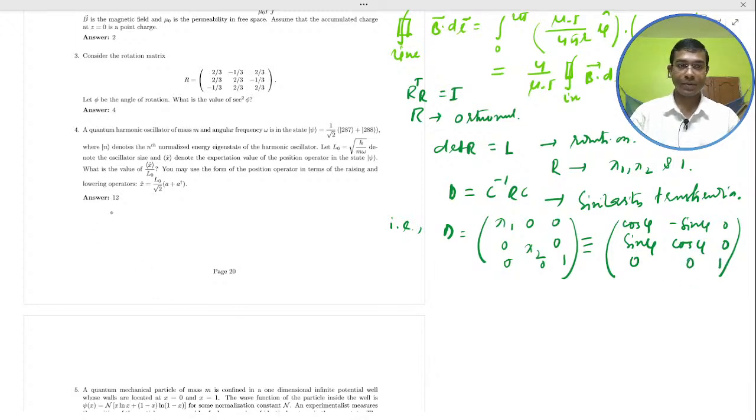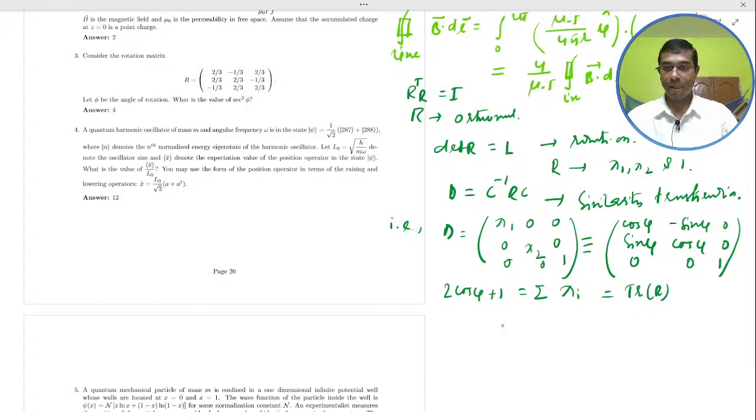Thus twice cos phi plus 1, which is the sum of lambda i, is equal to the trace of R, that is equal to 2/3 plus 2/3 plus 2/4, this is the 2. So cos phi equal to 2.